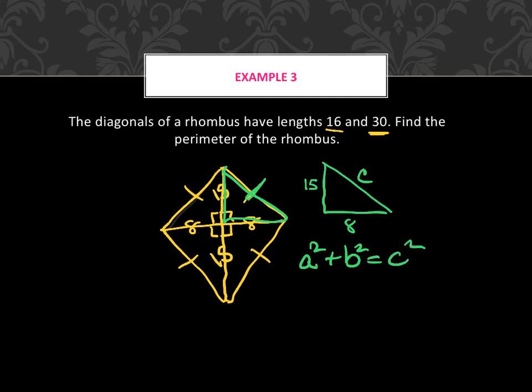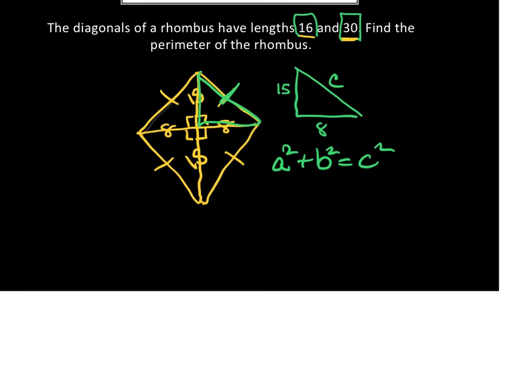I took the lengths of my diagonals and I split them, because what we're going to learn coming up is that the diagonals of a rhombus are bisected. So if this whole thing here is 30, then I can say this one's 15 and this one's 15.